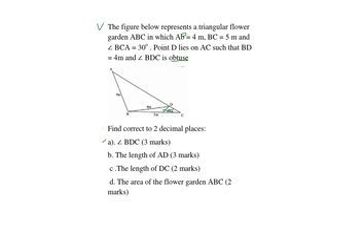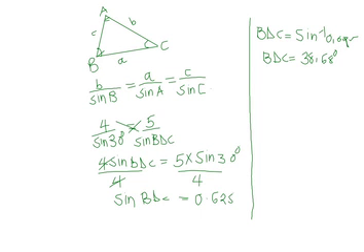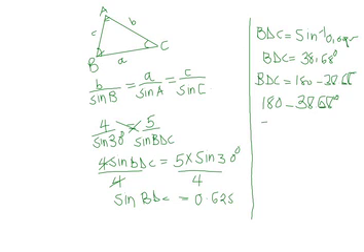But in the question we are told that BDC is an obtuse angle, so the obtuse angle BDC will be 180 minus 38.68, which is equal to 141.32 degrees. So this is the size of angle BDC.